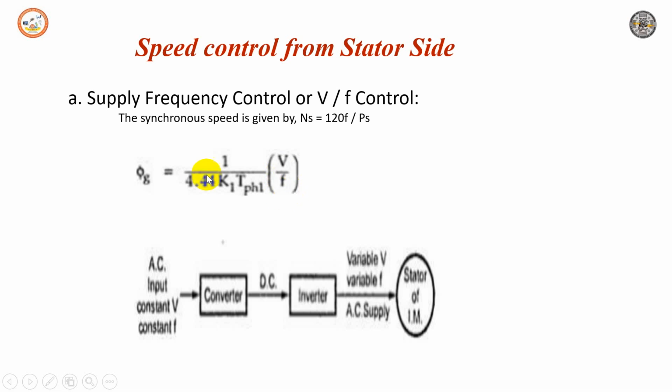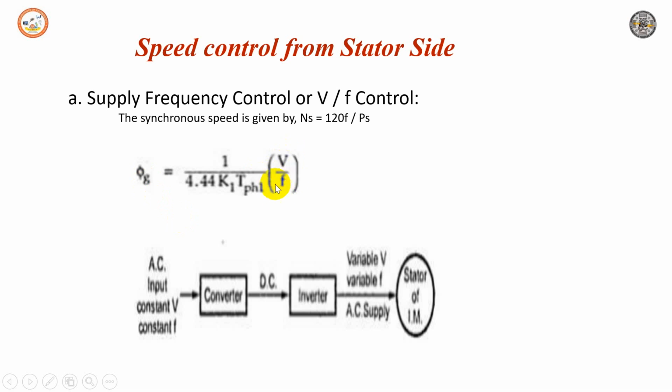If you decrease the frequency, the flux goes on increasing, and this magnetizing current will increase, so a sharp current will be produced in the rotor, which will have an effect. So in that case, we need to maintain phi g, the air gap flux, constant throughout, irrespective of whether we change the frequency.